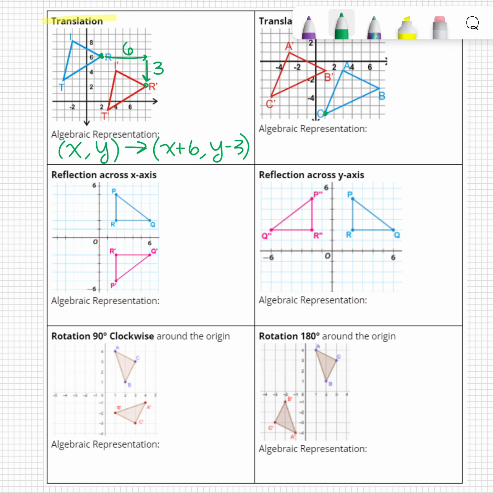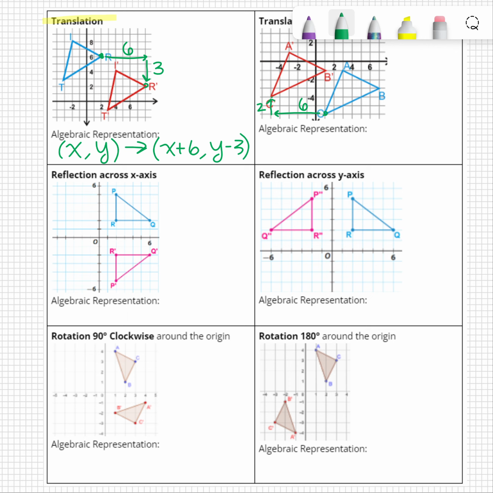And between C and C prime, it went to the left, and then it went up. So I'm going to count the units. It went left 1, 2, 3, 4, 5, 6 units to the left, and then 1, 2 units up. So 6 left, 2 up to get from C to C prime.